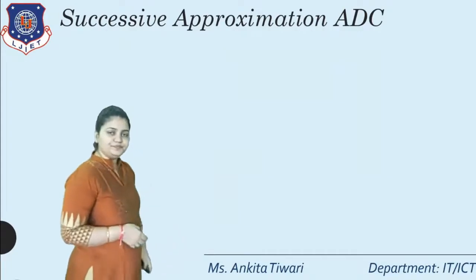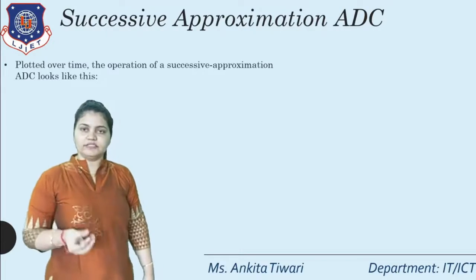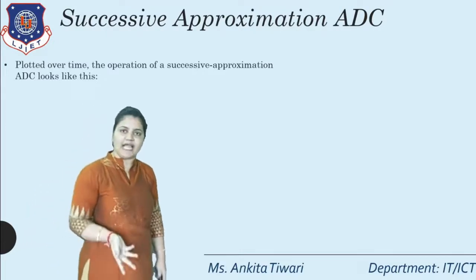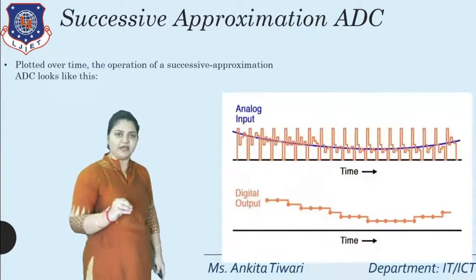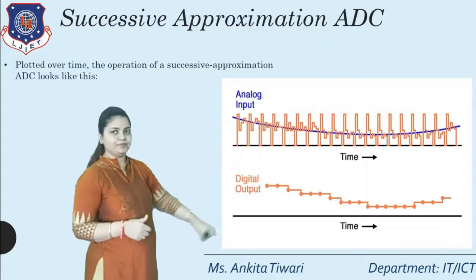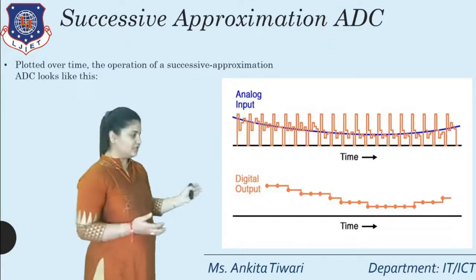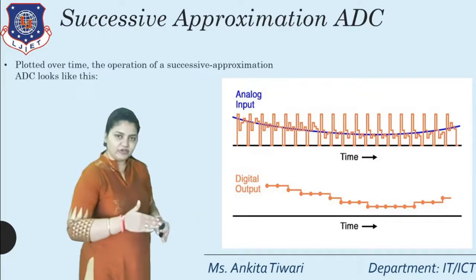Okay, so moving forward, if we plot this circuit with respect to time, the operation of the successive approximation ADC will look like this, as you can see here. The analog signal is provided as a waveform, and the digital output. See, the output is the same.